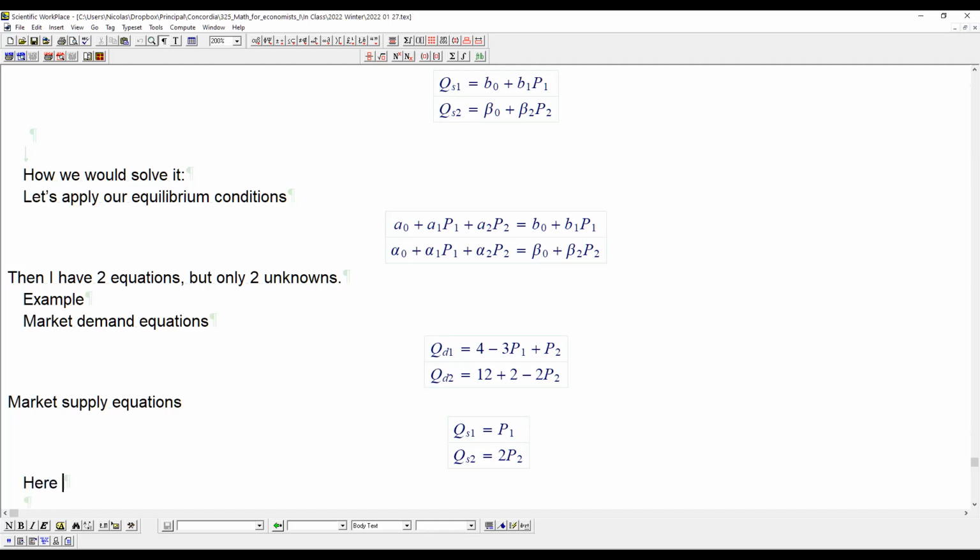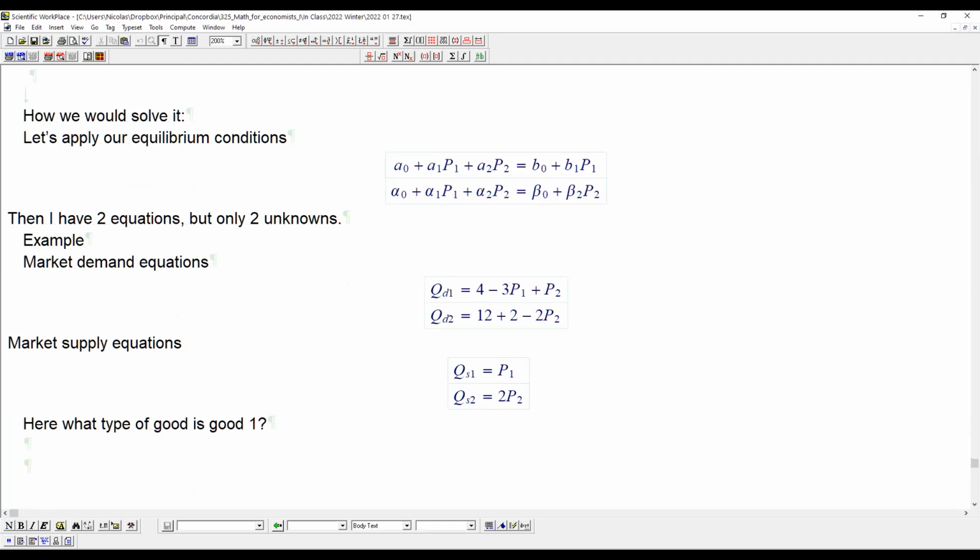Here, what type of good is good one? Many answers can be possible, so on its own, or in terms of good two.